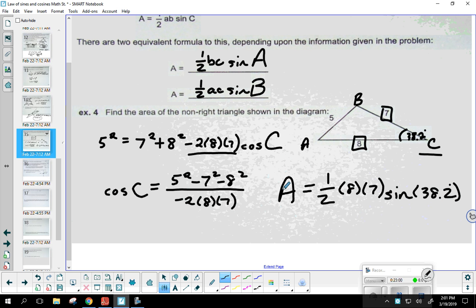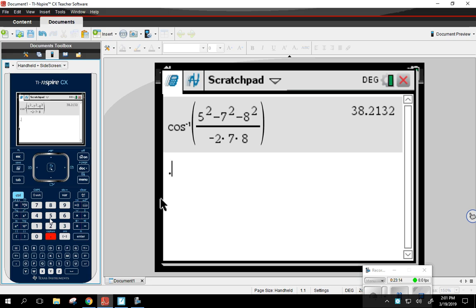Whatever the unit of measurement is, if it's feet, it'd be square feet, or square meters, whatever that turns out to be. I'm going to use the approximate value in the calculator, and I'm going to put 0.5 times 8 times 7, half of 56.